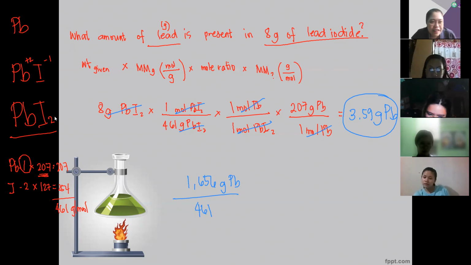Okay. So, do not forget ha, pag mag-compute kayo ng molar mass, make sure na tama yung number of atoms. Yung number of atoms dyan, yan yung subscript. So, 2. And then, since si lead walang subscript, automatic, that's 1.